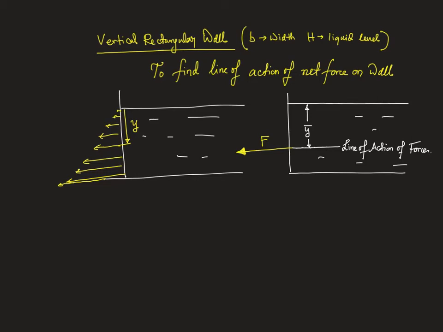The whole concept of this line of action, whether it be this hydrostatic force or whether it be weight or any distributed force, is that from a certain point, say this point O here and this point O here, the torque of the distributed force for the left figure is equal to the torque of the net force at a distance y bar.